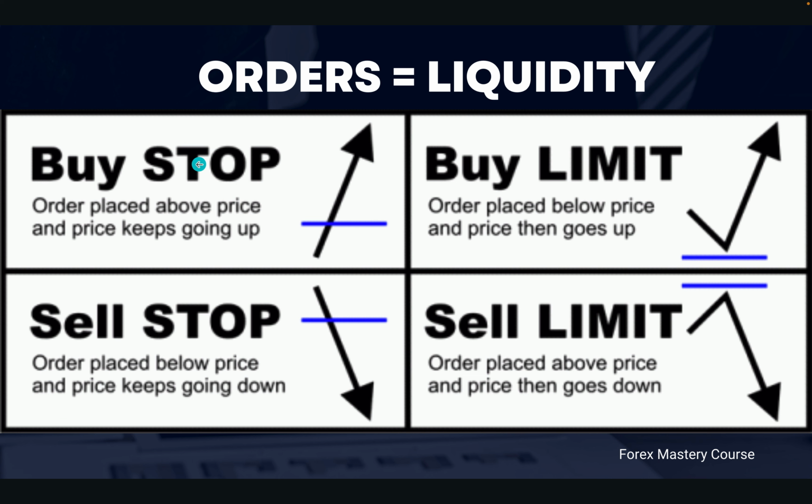These limit and stop orders are liquidity. So when there's a massive amount of orders in any specific area of the chart, that's where there's going to be a lot of liquidity, and that's where price is going to target.